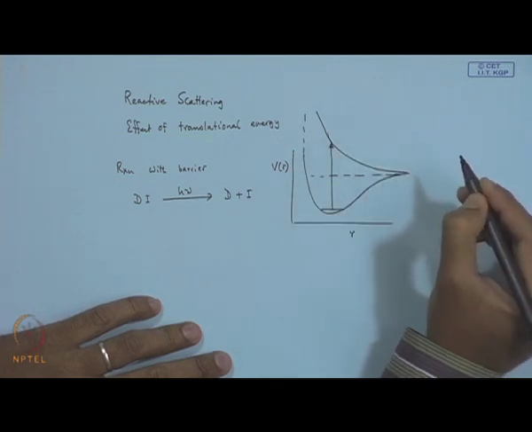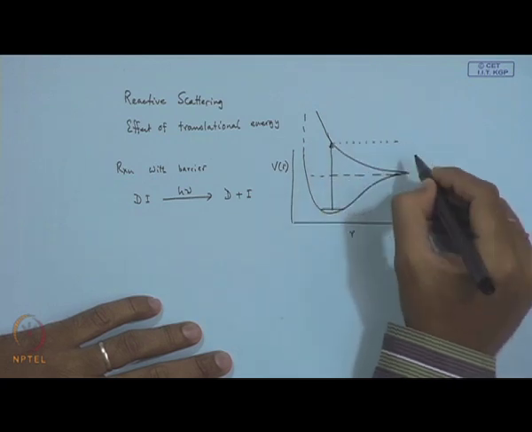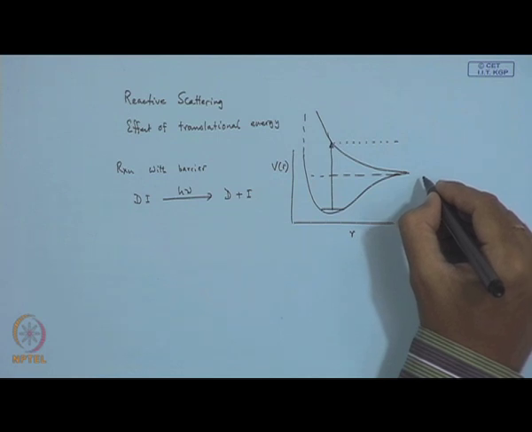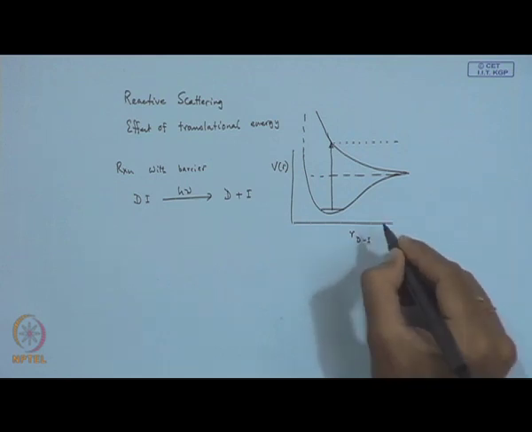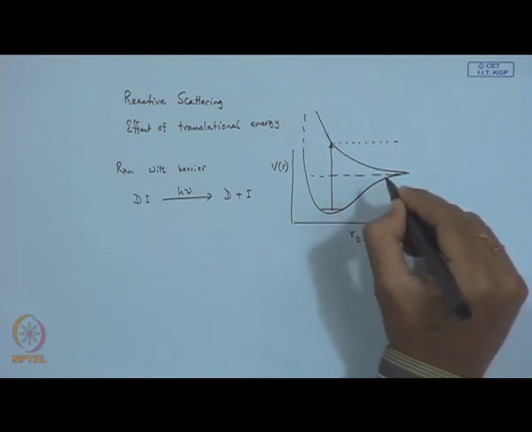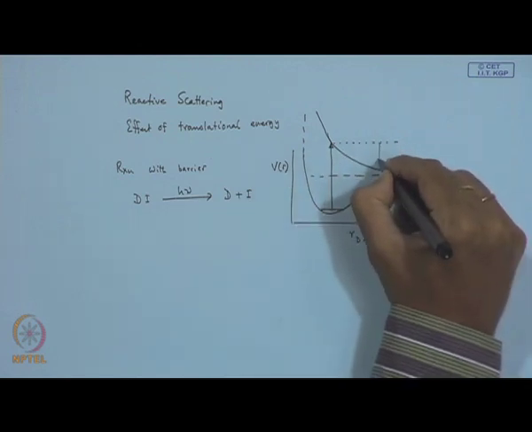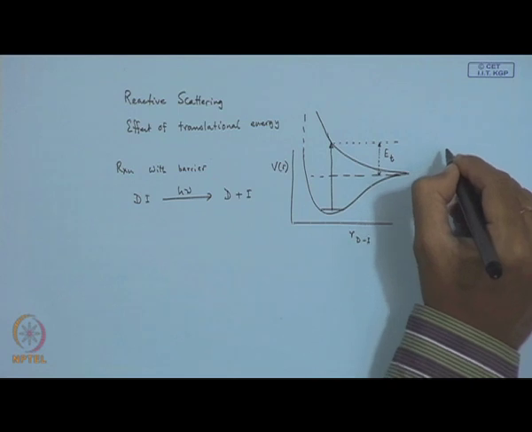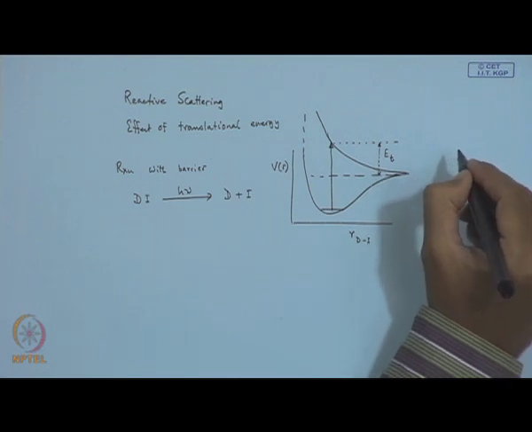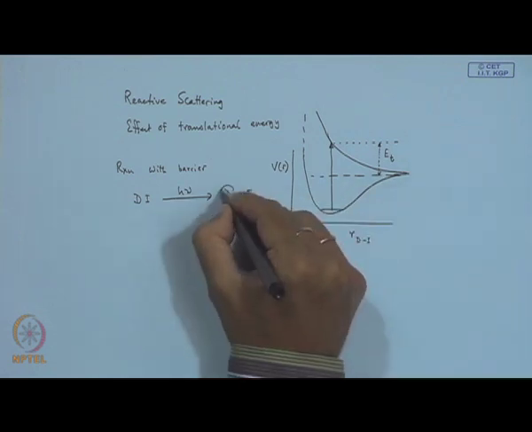So, basically this excess amount of energy, this much energy, this is your R_DI, is the E translation. So, this excess energy is going to your lighter deuterium atom.